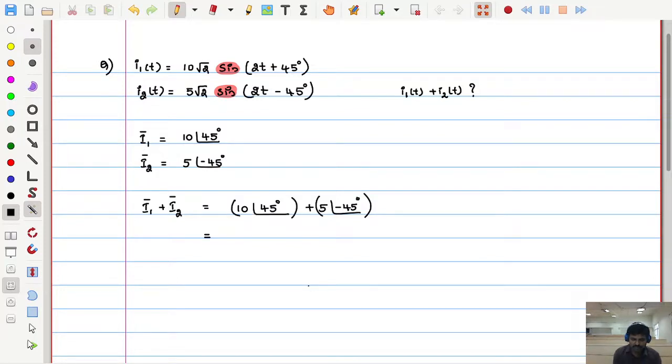If your calculator is in a plus bi form, you will get something like this: 15 root 2 by 2 plus 5 root 2 by 2 i, where i is equivalent to j.